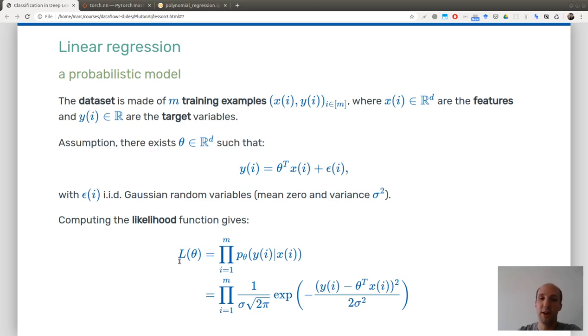So you can write the likelihood in great detail. This is a product because I'm taking an IID sequence for the noise. And here you see the distribution of the Gaussian random variable with a mean which is what you want to estimate, theta times x, divided by twice the variance.